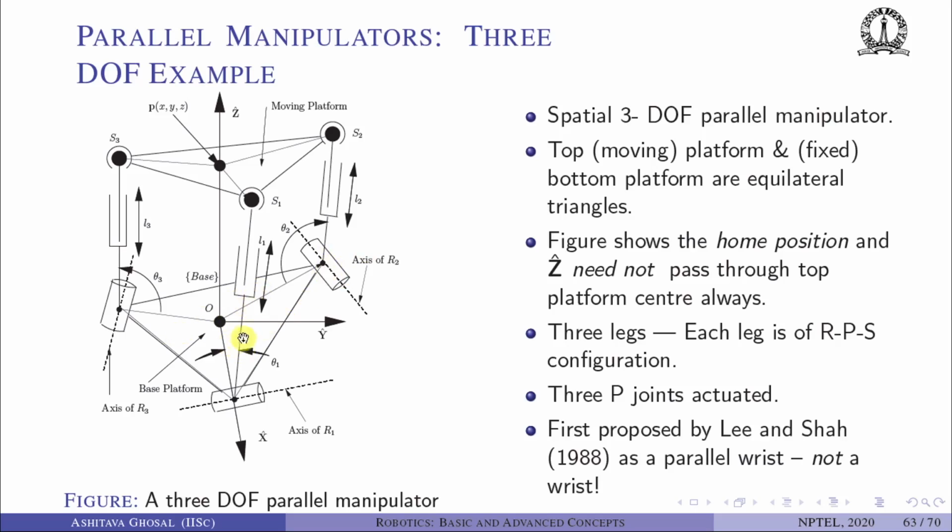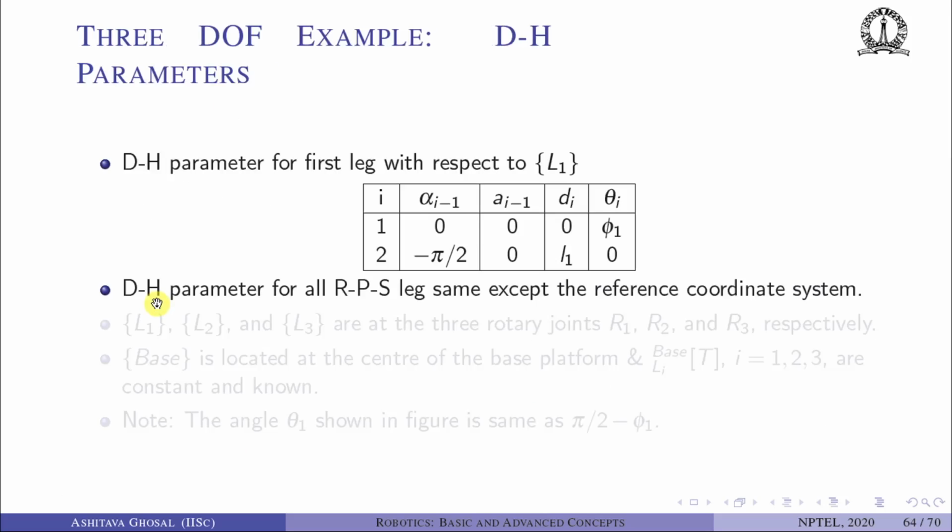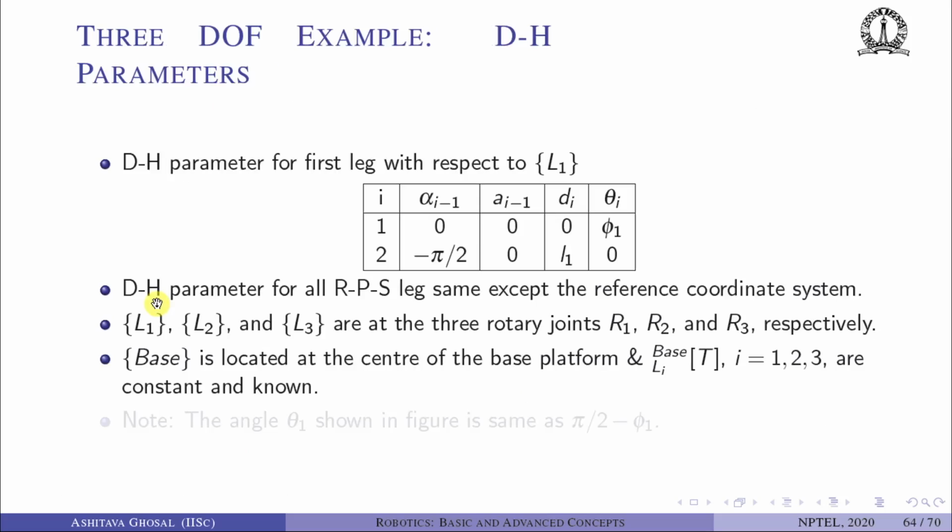And for the third one, it is some other angle to the x-axis. So these can be found out. So we can find the transformation matrix between the base and the 3 L1, L2, L3. And note the angle theta 1 shown in the figure is the same as pi by 2 minus phi 1.